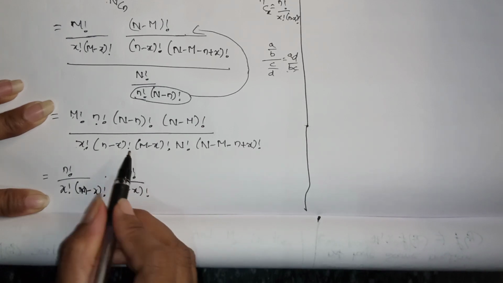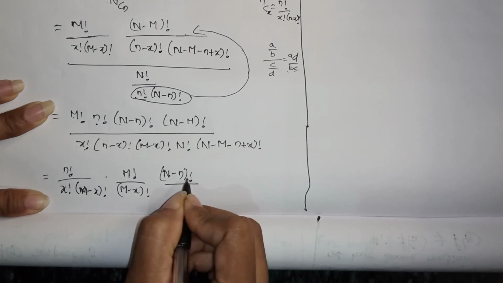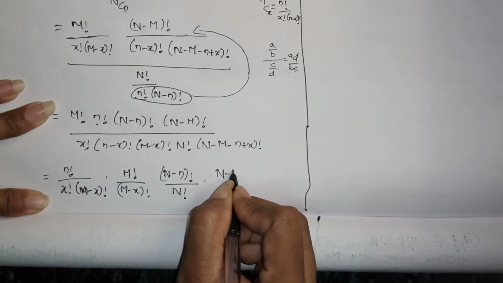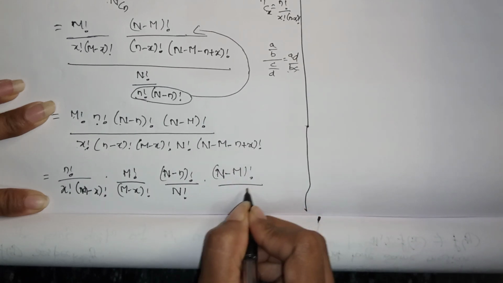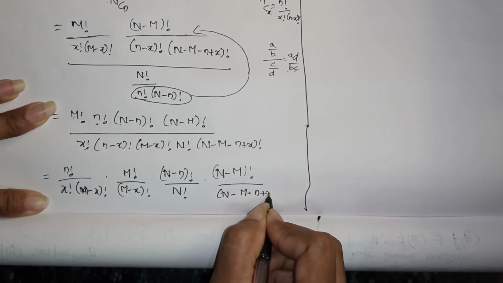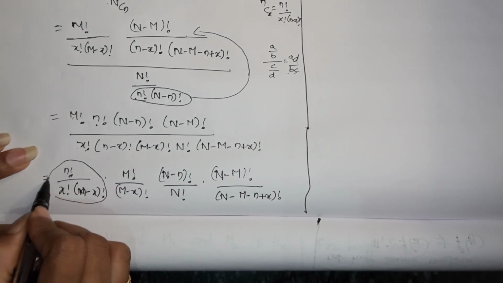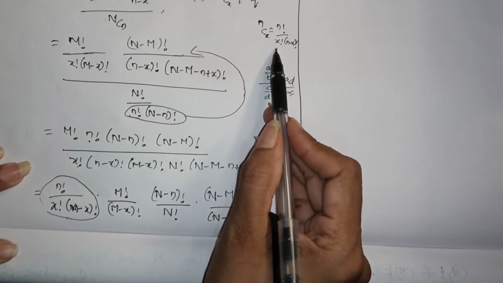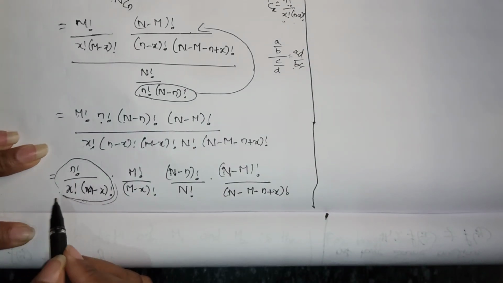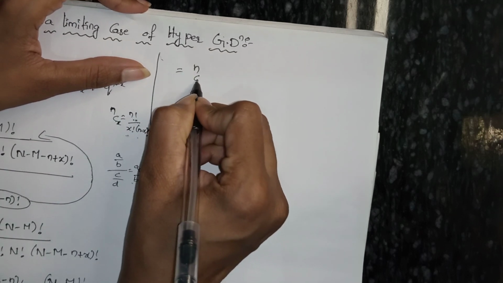The next is capital N minus small n factorial by capital N factorial, and the next is N minus M factorial by N minus M minus n plus x factorial. Now if we observe, this is nothing but nCx, since nCx equals n factorial by x factorial into n minus x factorial. So in place of this we can write nCx.